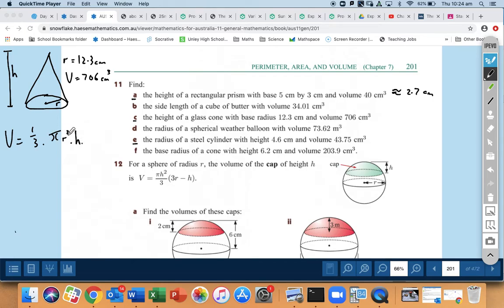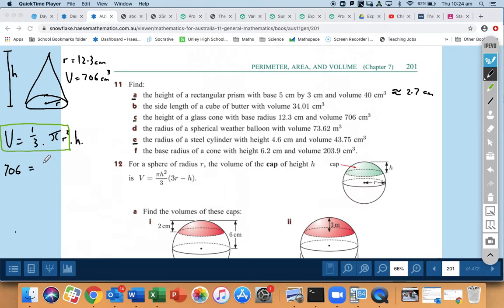All of this is known except for the height. So let's plug in what we do know. 706 is our volume.